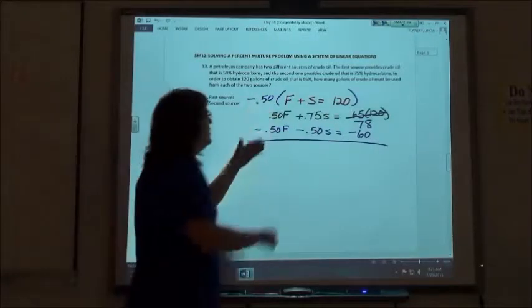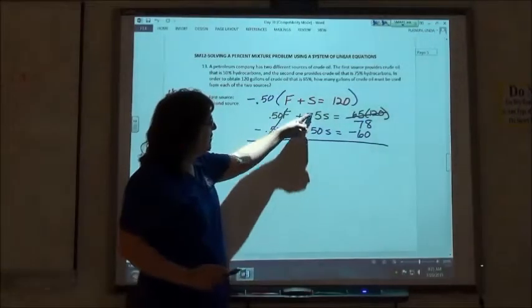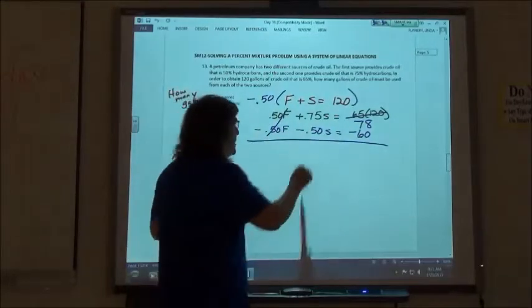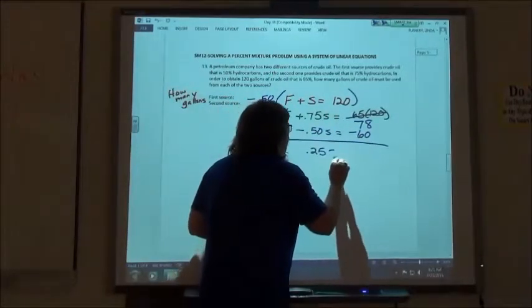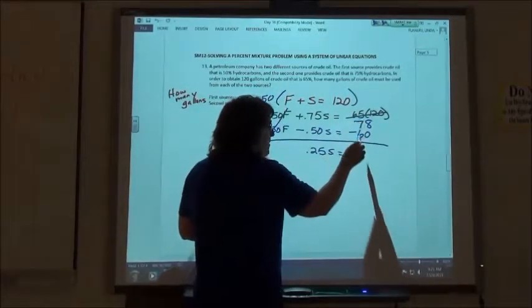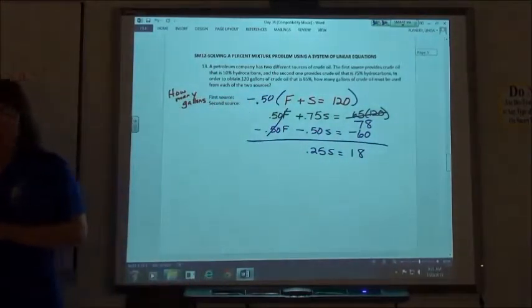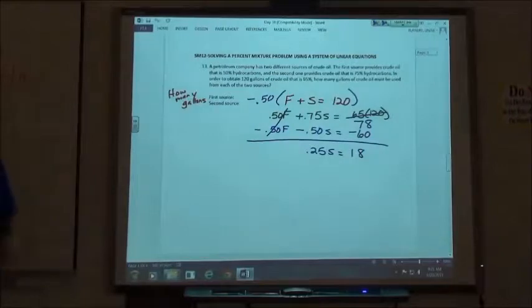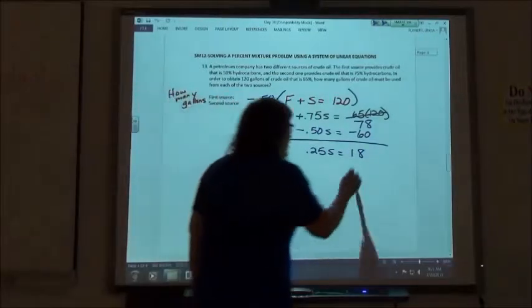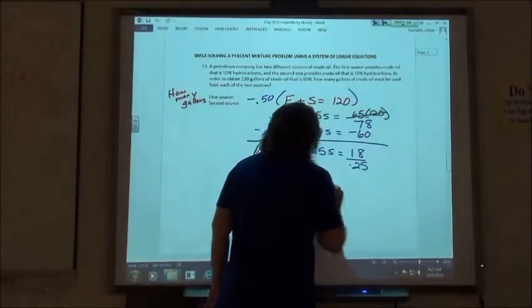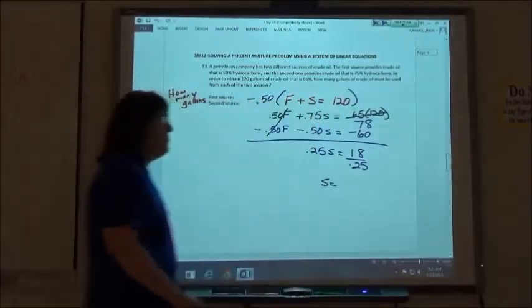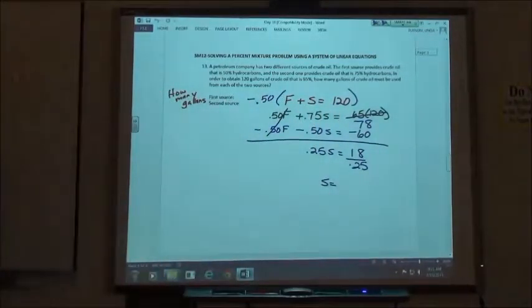So my F's cancel out. 75% minus 50% would be 25% of S. 78 minus 60, going to be 18. And then, of course, I have to divide. I'm going to let you do that for me. 18 divided by 0.25, 72.